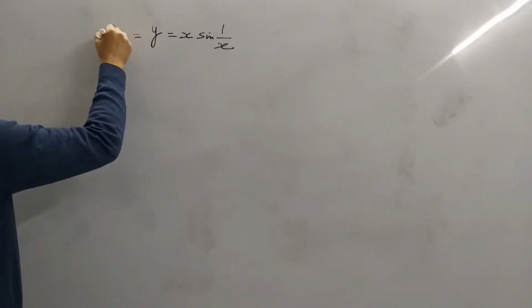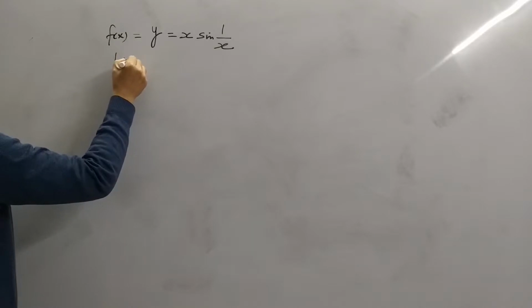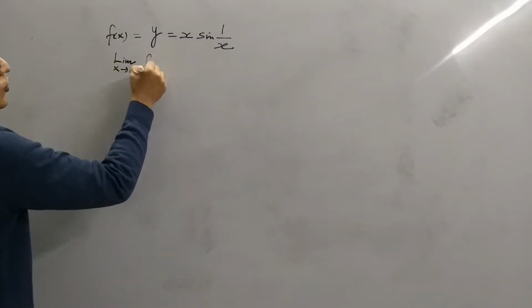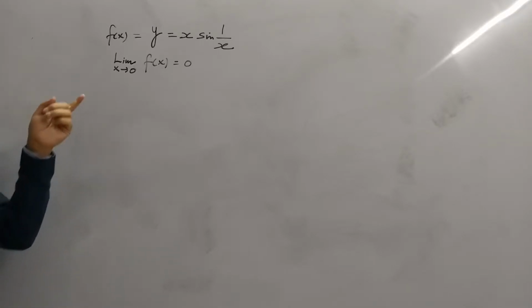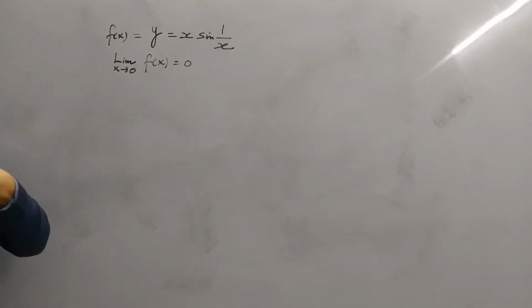I have already proved graphically that the limit of this function when x goes to 0 is 0. We have already explained this. Now somebody asked me to prove this by the epsilon delta argument, the logic that I just explained, sorry for the selection of the board. Somebody can say, okay, prove to me that 0 is the limit of this by the epsilon delta argument. Now let me try.